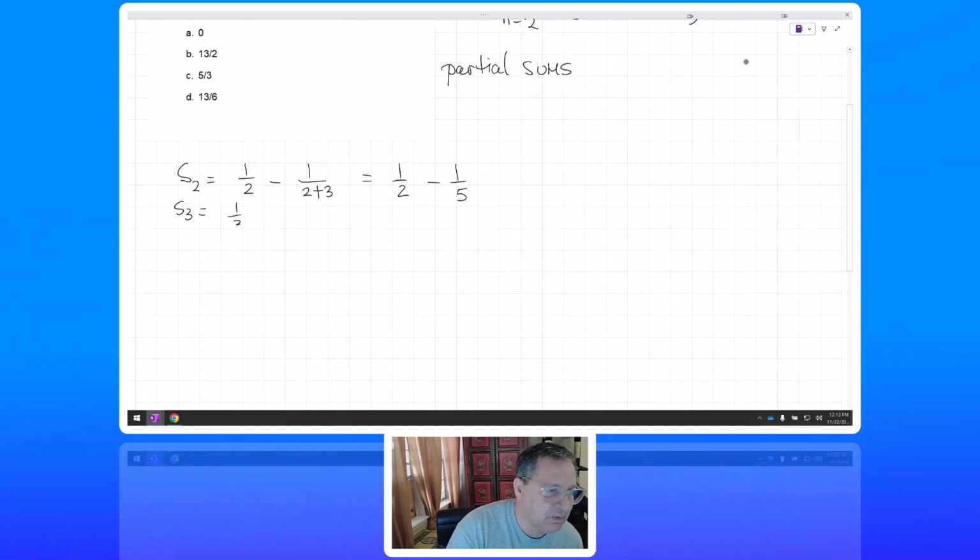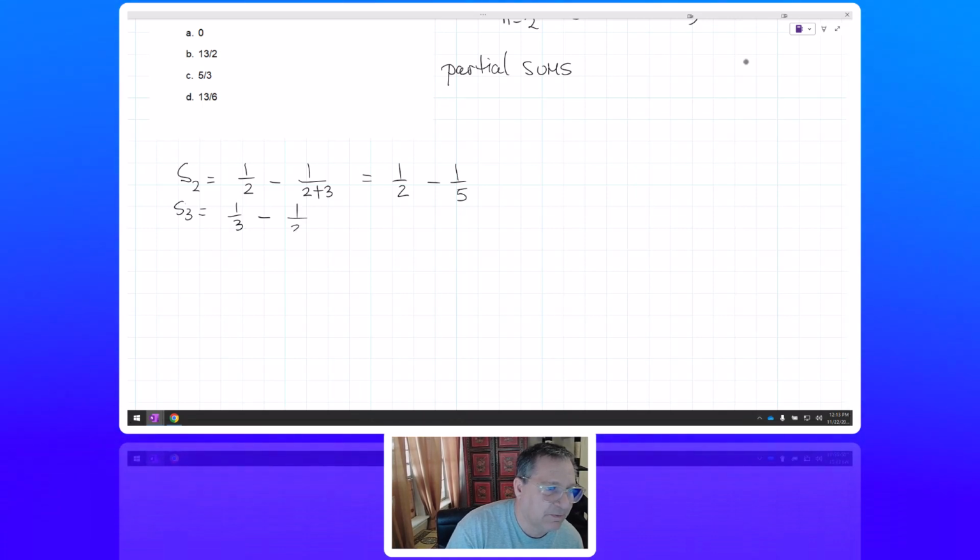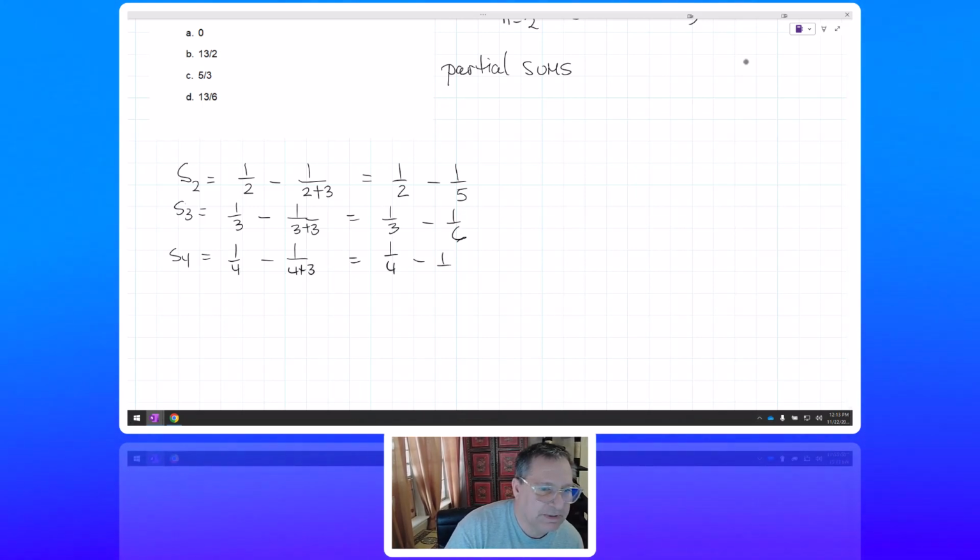So our next one is 1/3 minus 1 over 3 plus 3, 1/3 minus 1/6. The fourth partial sum, 1/4 minus 1 over 4 plus 3 equals 1/4 minus 1/7. You can see the fifth will be pretty straightforward, 1/5 minus 1/8.